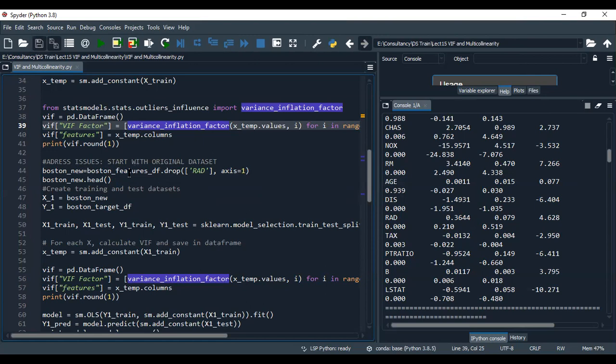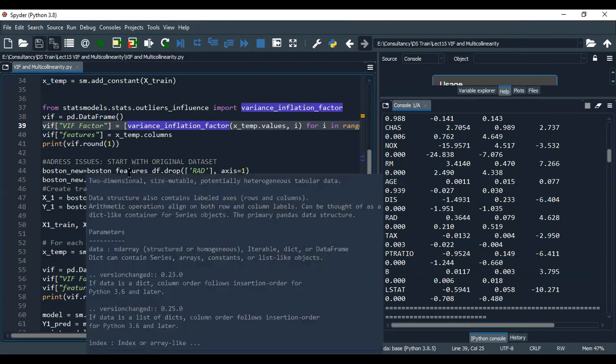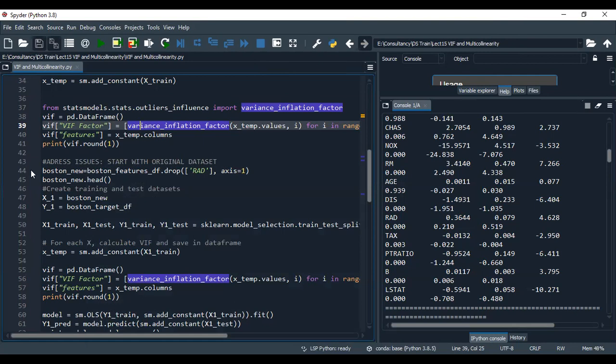But what we are doing is not touching the original data frame, and I'm creating a new data frame. After that, I'm printing Boston_new.head. So it will print 5 rows of the data set so that you can check whether the column RAD has been removed or not.